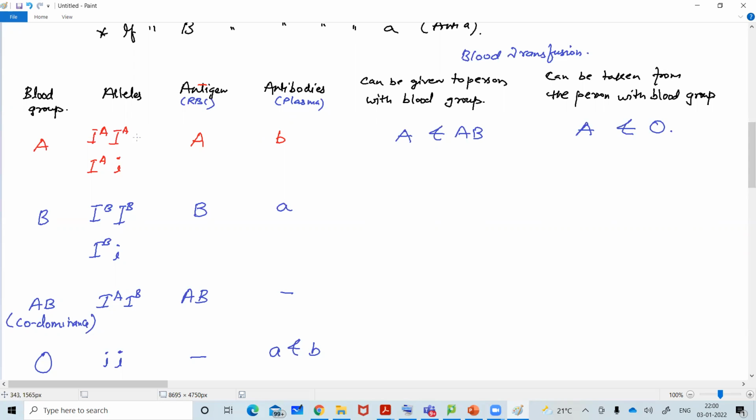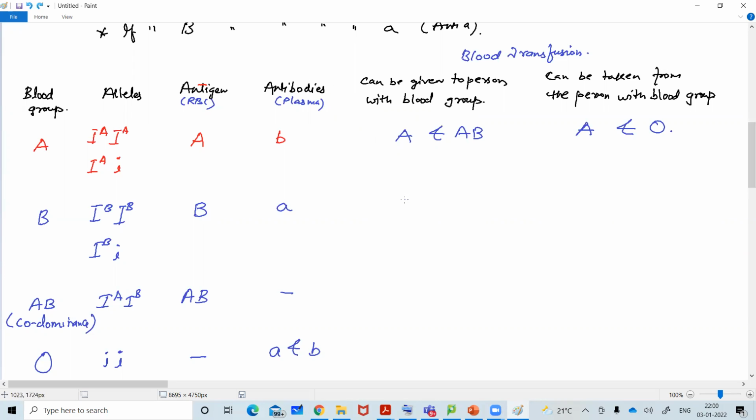Now if suppose you are giving B blood group to A, so B having antigen capital B and A having antibodies B, so this will interact and they will kill this antigen, right? So that's why on the basis of antigen and antibody, the blood transfusion is done.